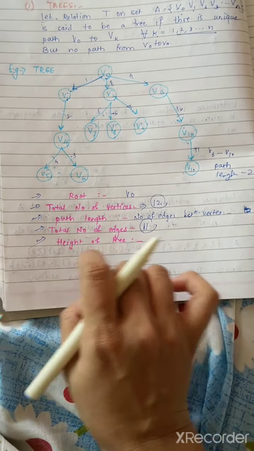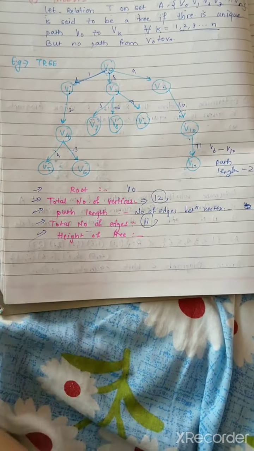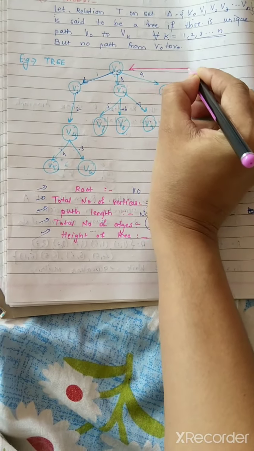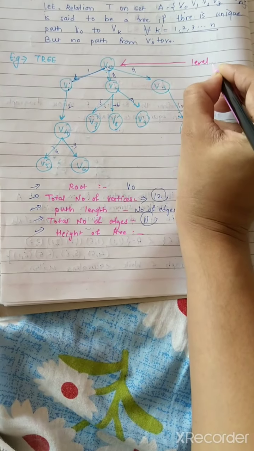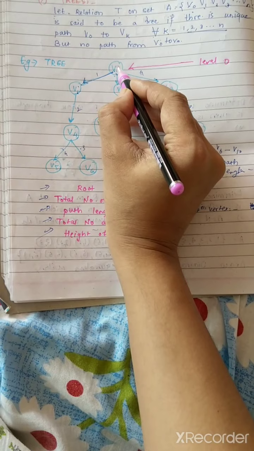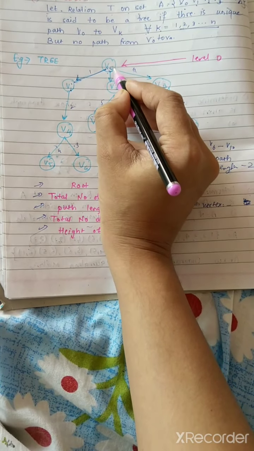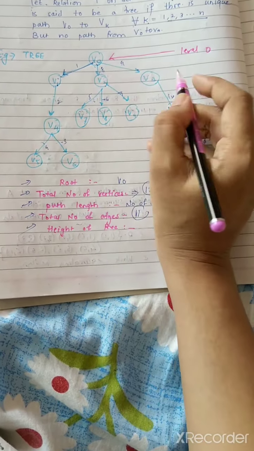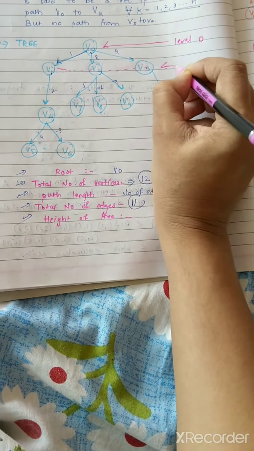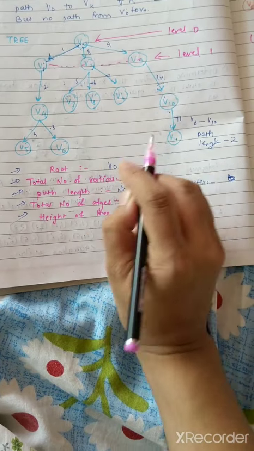Now the height of the tree. To determine the height of a tree, we'll first see the levels of the tree. Where the root is present, this level we call level 0. Now from V0, how many edges come out? 3. So that level we call level 1.